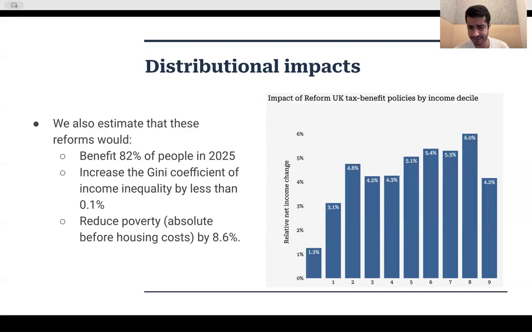For example, for the top income deciles we have average relative changes for the household in that decile of, for example, 6%, 4.2%, and 5.3%. And for the lower income deciles, this amount actually decreases.